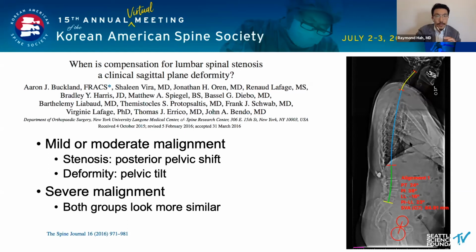This was a really nice study by Aaron Buckland, trying to look radiographically at what compensation for actual lumbar stenosis looks like versus spinal deformity.